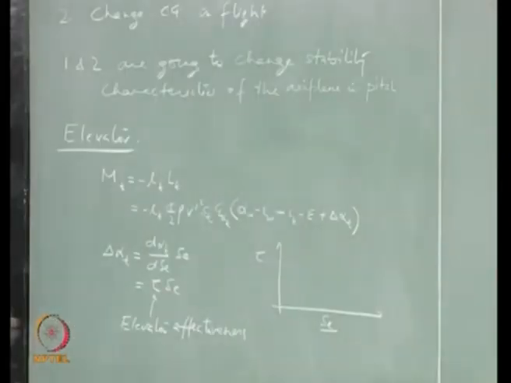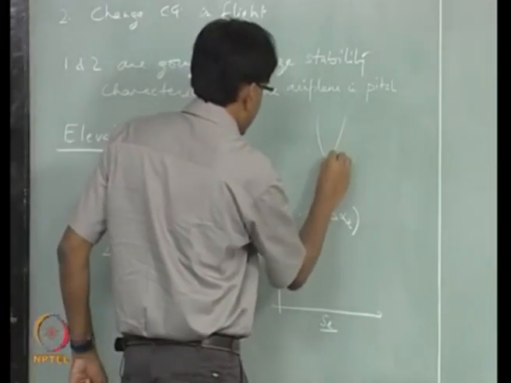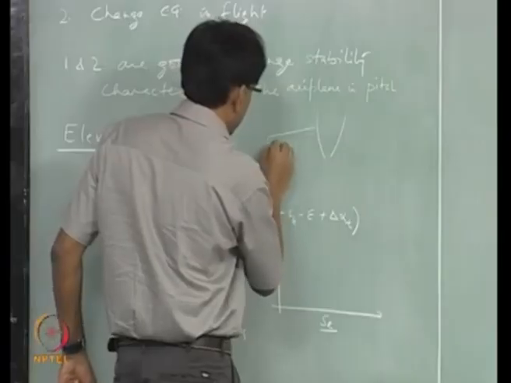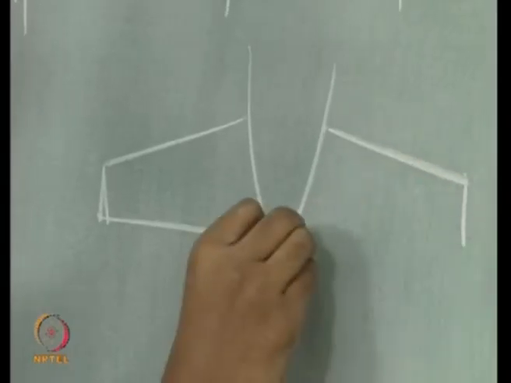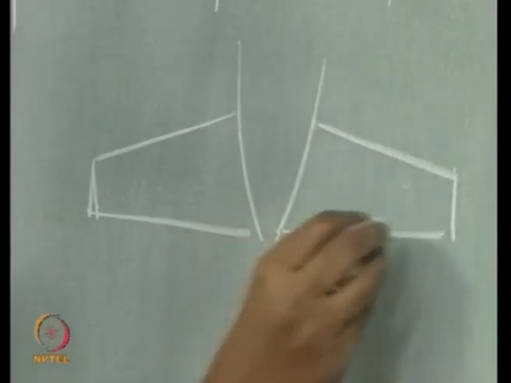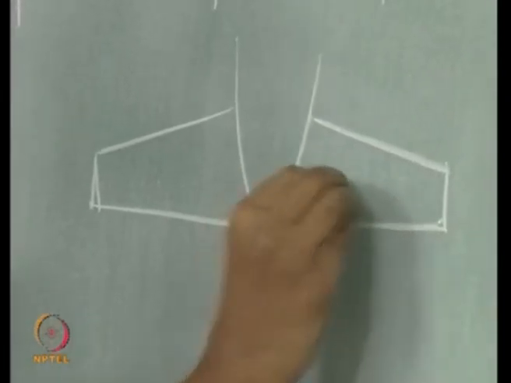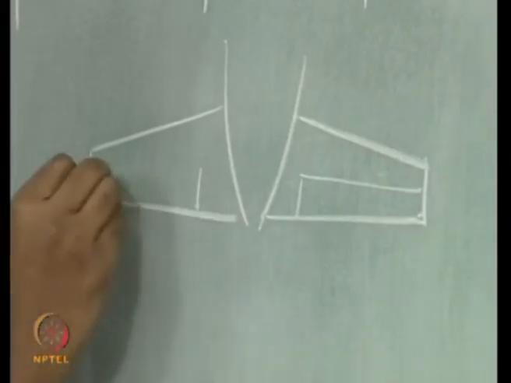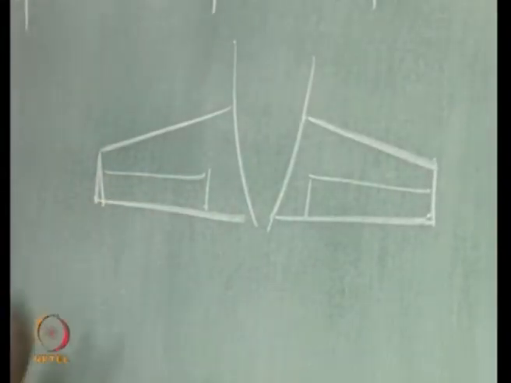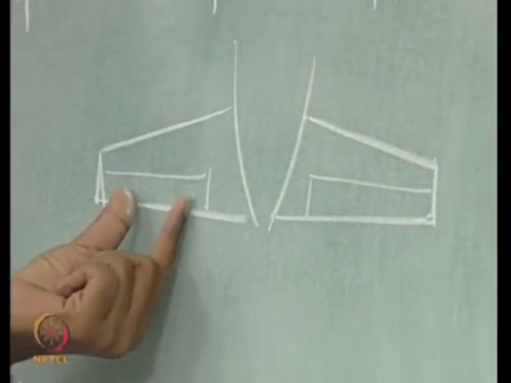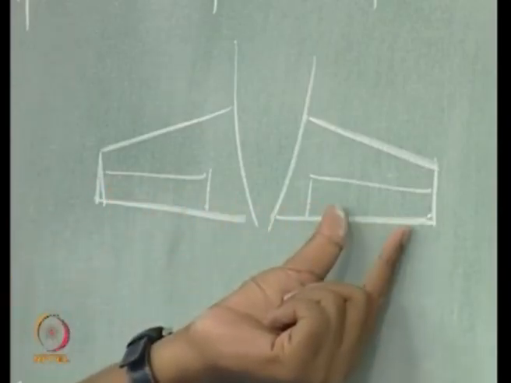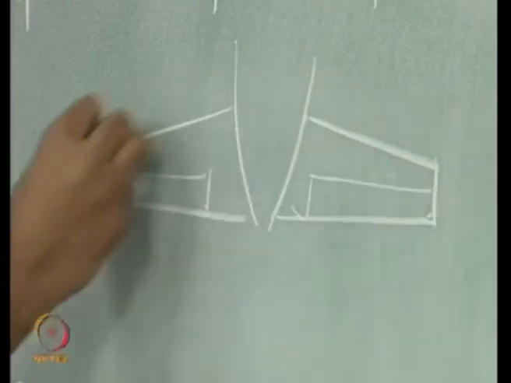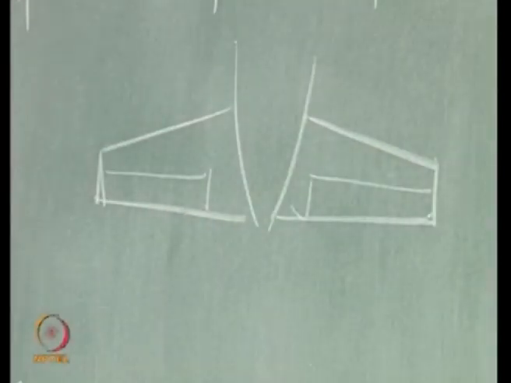No? So, you have this tail, and I am only talking about this area. Okay. So, this area plus this area divided by the total area of the tail.